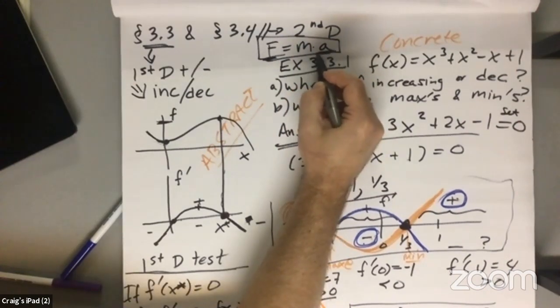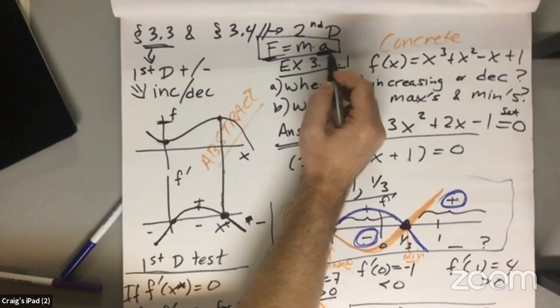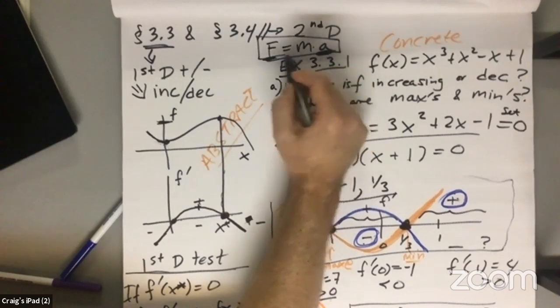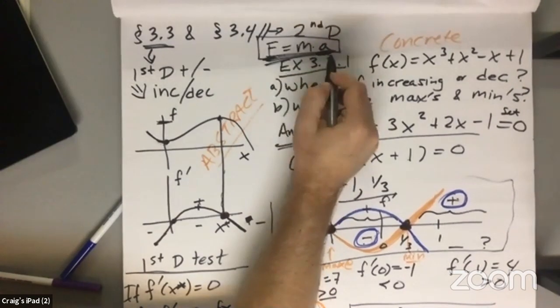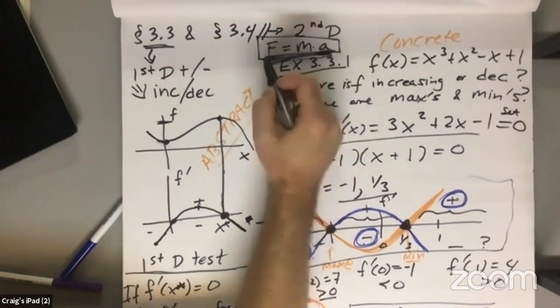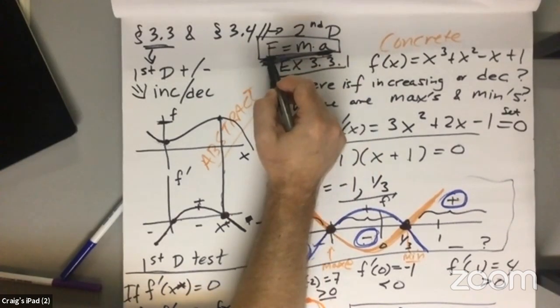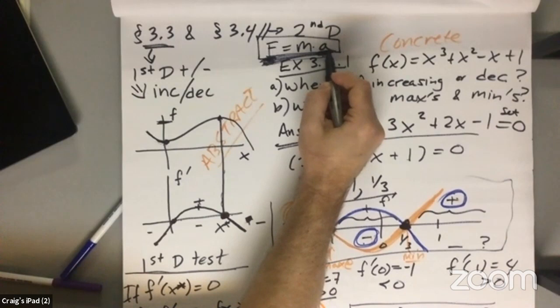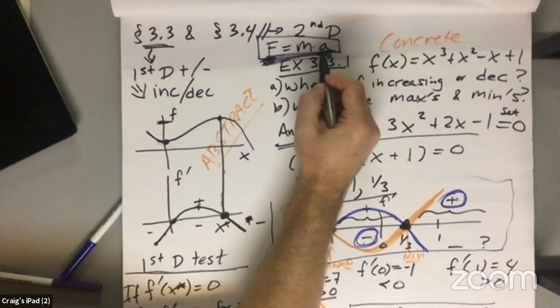And the acceleration is the rate of change of the velocity. The velocity is the rate of change of the position. So the acceleration is the second derivative of the position. So that's it. That's all of, not just physics, it's all of science, that we just study the forces at work in a system. And so we're only ever going to go to the second derivative for most applications.